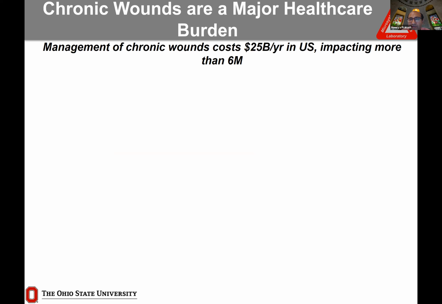At present, there are approximately 6 to 7 million people in the United States who deal with chronic injuries of some kind. These are dermal injuries, typically on the limbs or extremities, maybe other parts of the body. This could be post-surgery. The management is pretty difficult, multiple visits to the doctor's office, expensive.